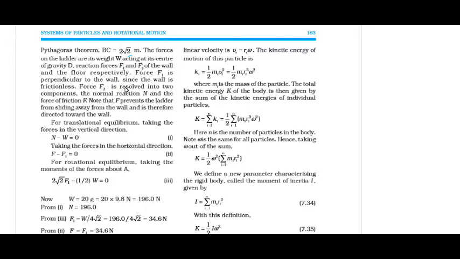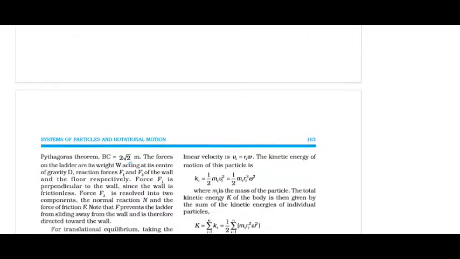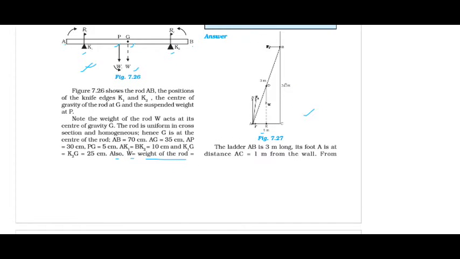The forces on the ladder are its weight acting at its center of gravity D, and reaction forces F1 and F2 of the wall and the floor respectively. So weight is acting vertically downward through the center of gravity. F1 and F2 are acting on this side.